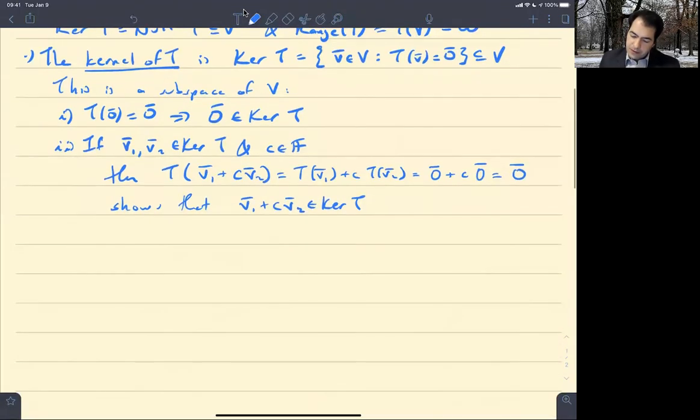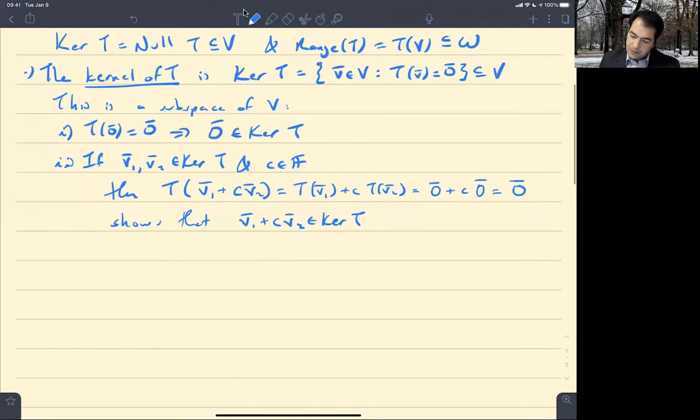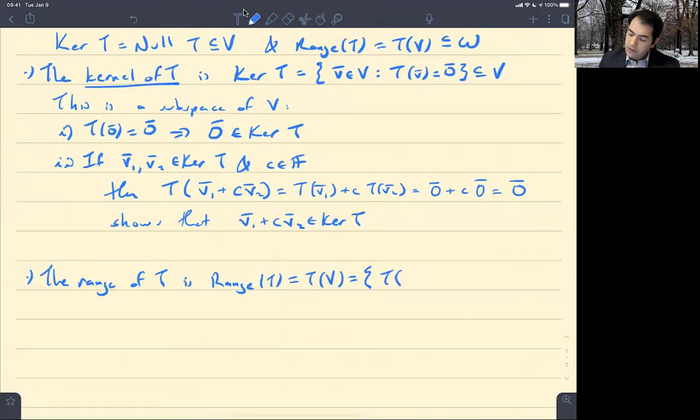Let's give a similarly formal definition of the range. So the range of T, we'll either write out range of T or write it as T of capital V. This is all of the vectors T of little v such that little v is in big V. Right?